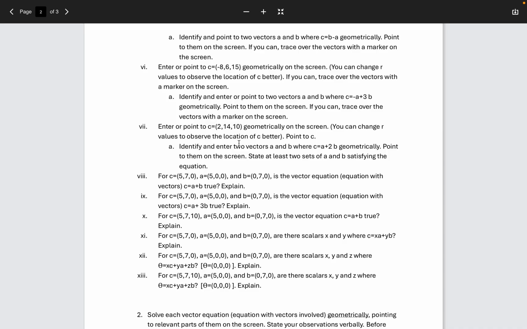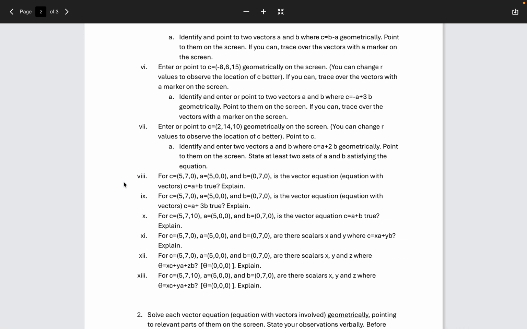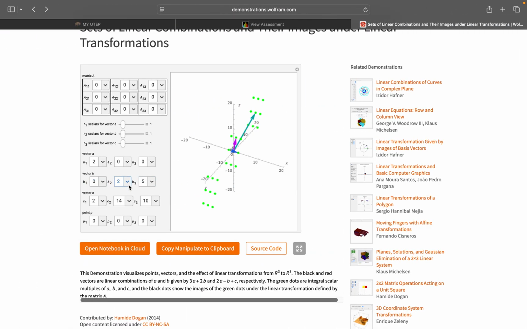And we have A plus 2B to point at C. A would be equal to 2, and this one would be 2B. So this would have to be 7. This one will remain at 5. So we can see that over here.